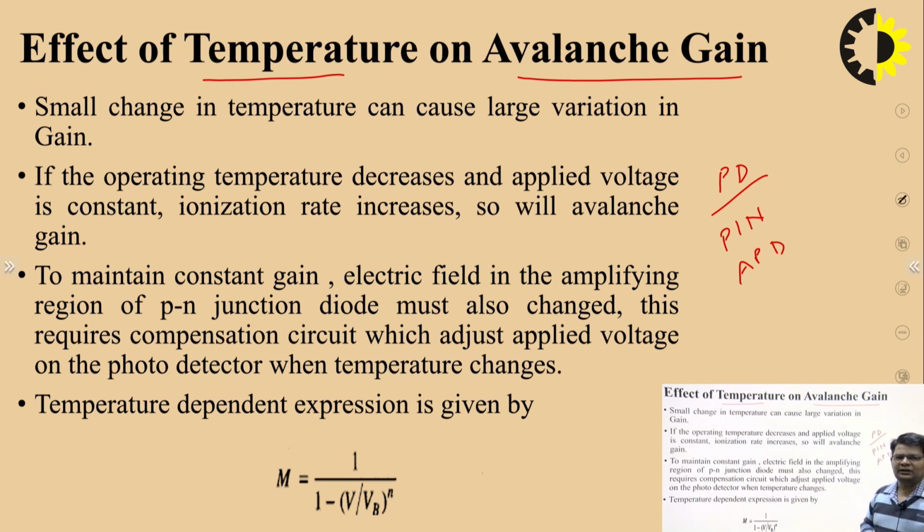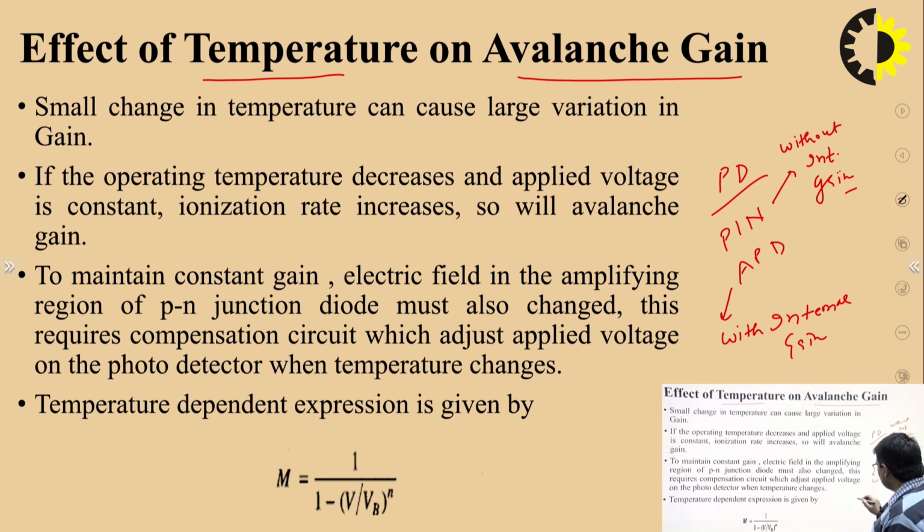And we have studied that out of these two photodiodes, PIN is known as the photodiode without internal gain, whereas APD, that is avalanche photodiode, is known as the photodiode with internal gain. This internal gain is denoted by the factor M.